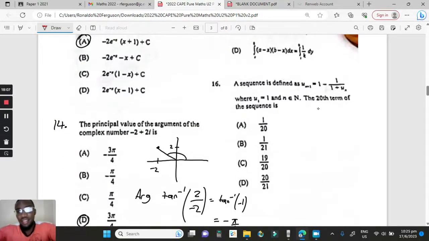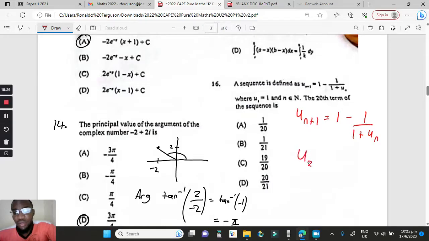Number 16, the 20th term. I know this is a repeat, but I can't remember. So to find the 20th term, we put n as 19. So u n plus 1 is 1 minus 1 over 1 plus un. I will need the 20th term.